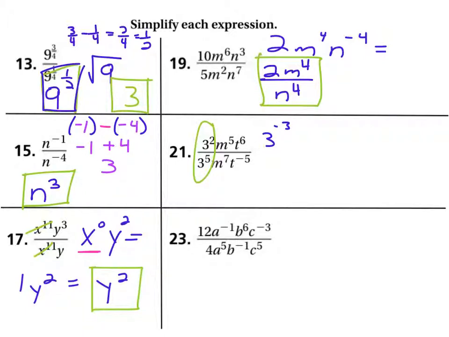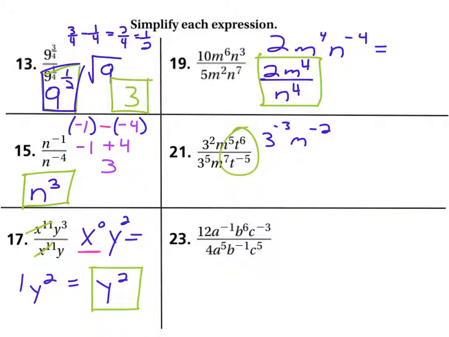Okay. Let's move on to the m's. We've got m to the what? Well, we've got the exponents 5 and 7, so 5 minus 7 is negative 2. And what about the t's? We've got t to the sixth minus t to the negative fifth.